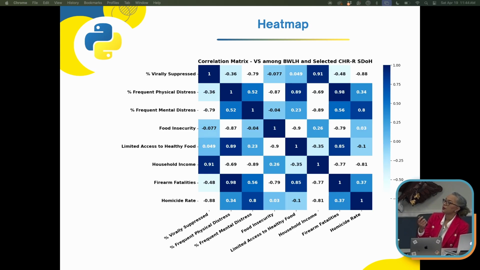All right, so now we're going to move on to the heat map that I mentioned, my favorite. Here what I'm showing is a correlation map between the number of Black women living with HIV and selected County Health Rankings and Roadmaps data. For anyone in the room doing social determinants of health research, I would highly suggest these yearly reports that are produced out of the University of Wisconsin, I believe.